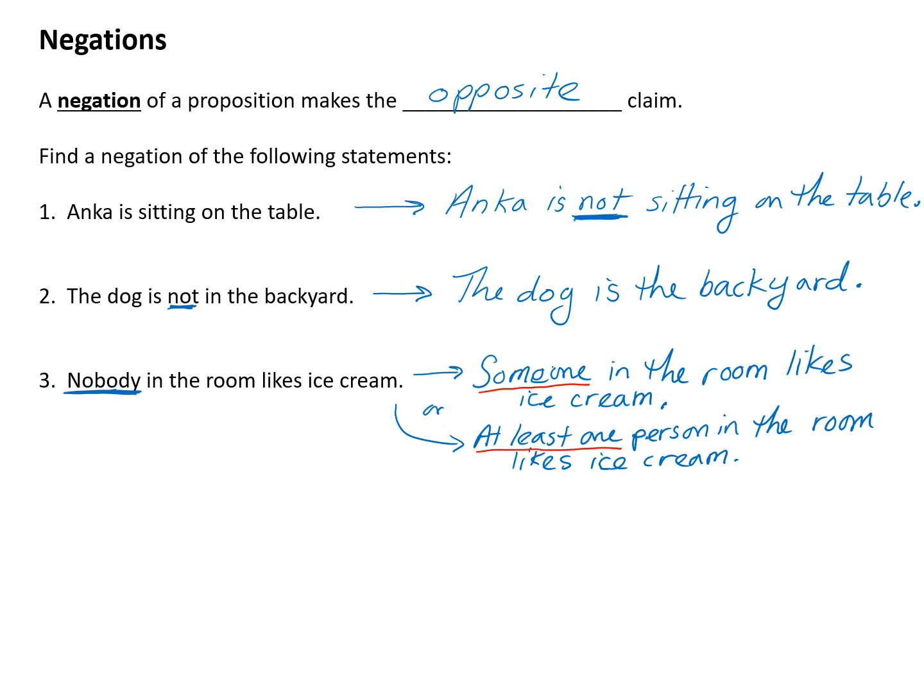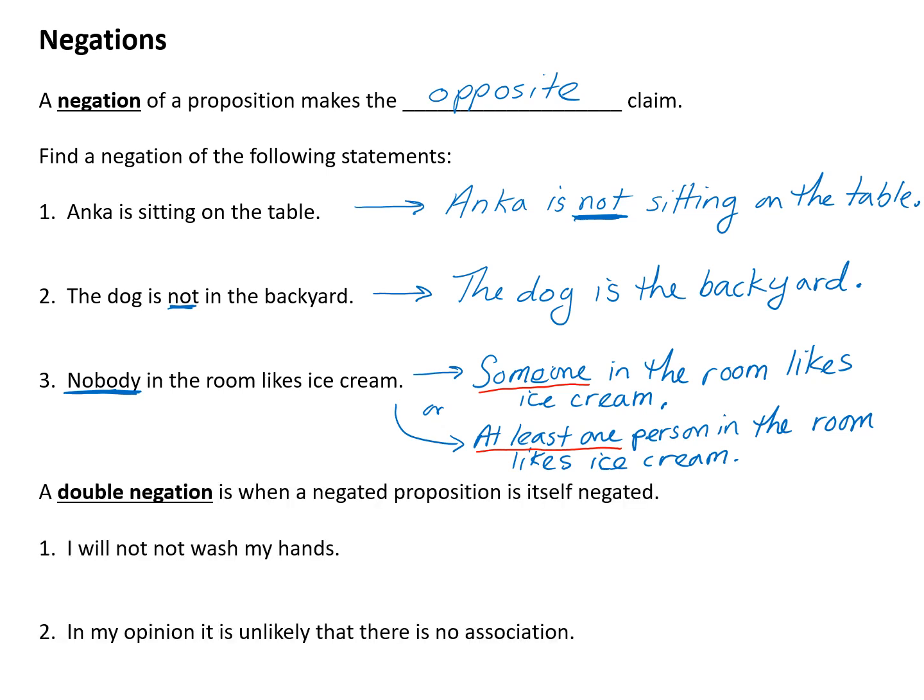So what we are doing with negating no one is we're saying at least one person or someone in the room likes ice cream. You never want to say everyone likes ice cream as an opposite of nobody, because you're leaving out the possibility that just one or two like ice cream.